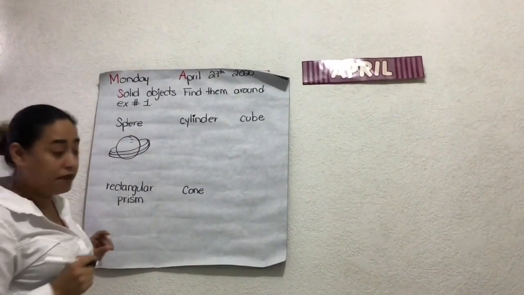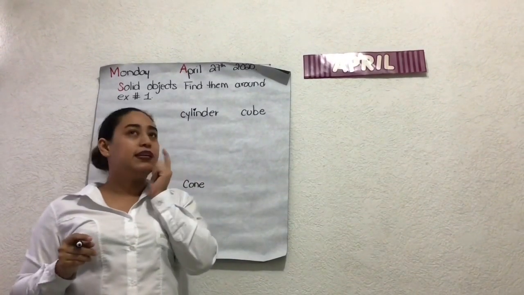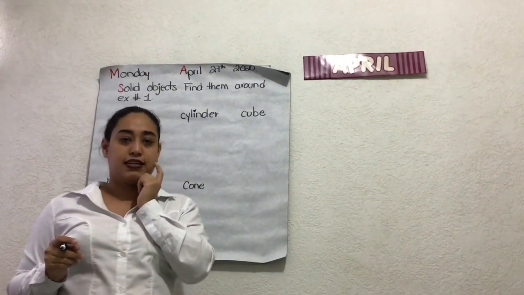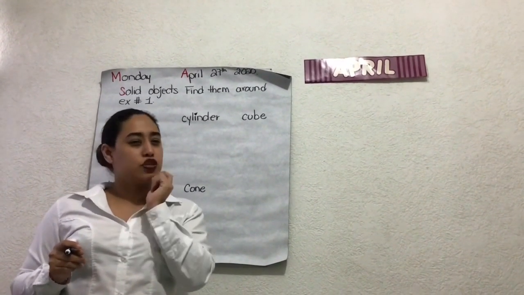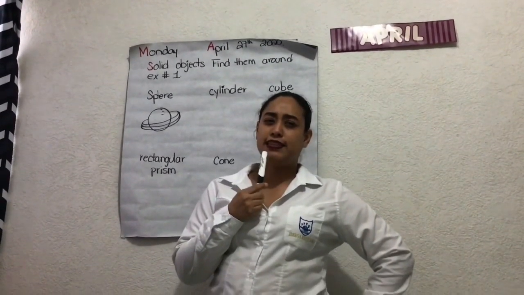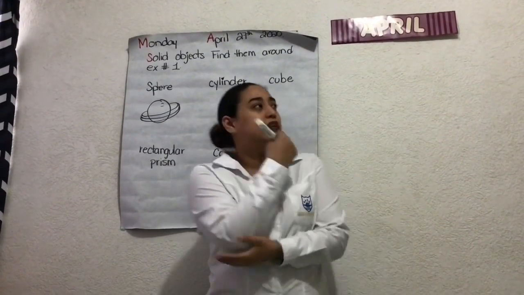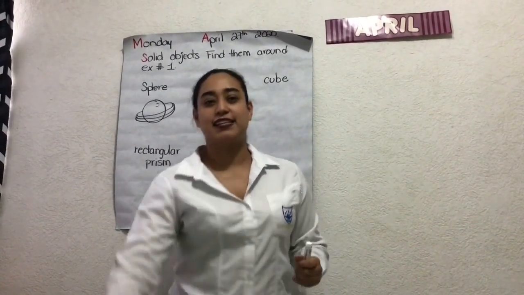Color, okay? What other thing contains a cylinder? Where can I find a container with a cylinder? I'm going to show it to you. What contains a cylinder around my house? Oh, there it is.